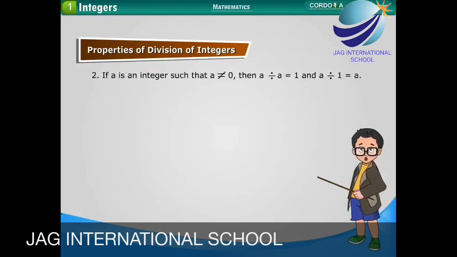If a is an integer such that a not equal to 0, then a divided by a is equal to 1 and a divided by 1 is equal to a. Examples: 7 divided by 7 is equal to 1. Negative 8 divided by negative 8 is equal to 1. Negative 9 divided by 1 is equal to negative 9.